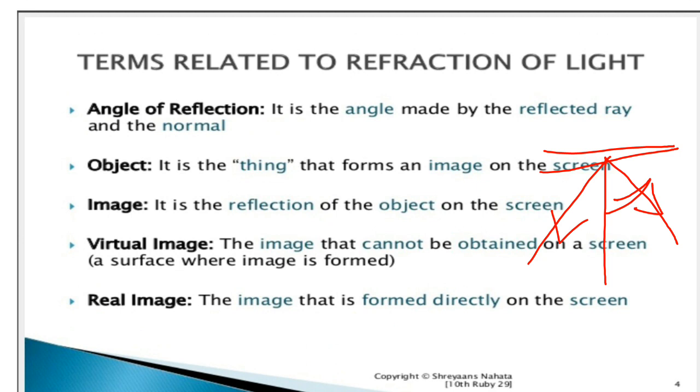The moment we remove the mirror, the image is not going to be there. Such an image we call a virtual image. And a real image can be captured on the screen, like on your mobile phones. Once you capture the image on your screen, it will be there as long as we require. Such an image we call a real image, which can be obtained on the screen.